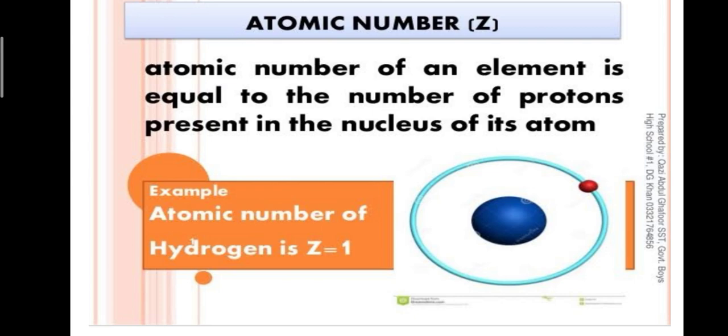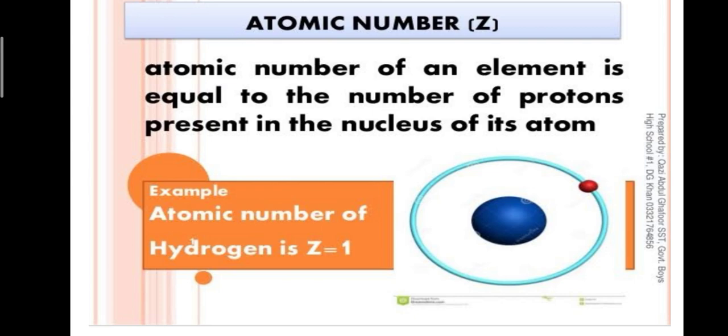As you know, hydrogen was discovered first, which is present in nature, and the first time hydrogen was introduced to us. When hydrogen was studied in depth, the scientists came to know that in hydrogen only one proton is present. One proton means only one electron is present and no neutron is there.